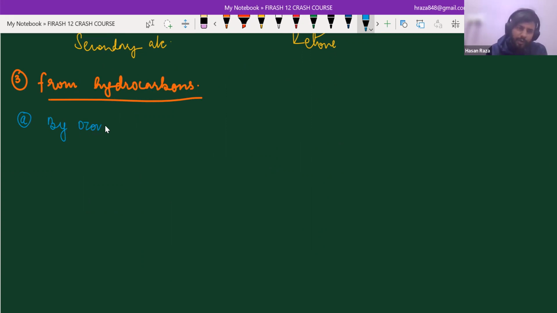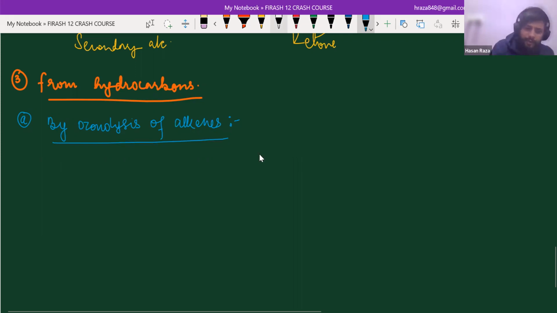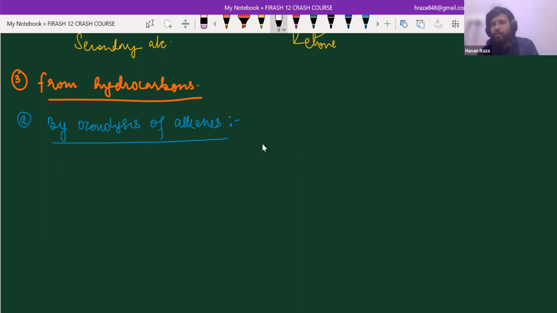Ozonolysis means you react an alkene with ozone followed by Zn/H2O, and it will give you either aldehyde or ketone depending upon which type of alkene you have taken. Is that clear?